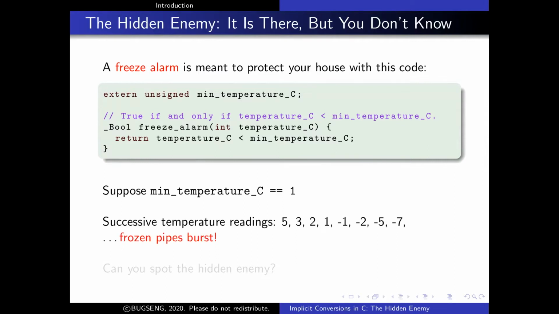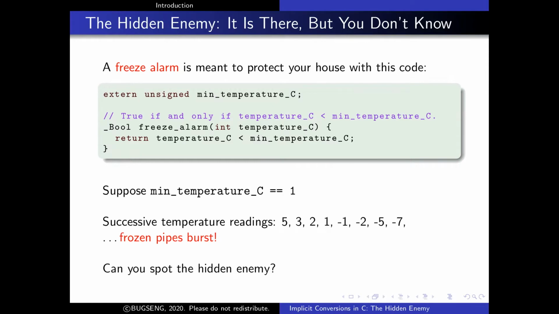However, suppose there are the following temperature readings: 5, 3 degrees, 2 degrees, 1 degree, -1, -2, -7. And at this stage, you have frozen pipes and they burst.